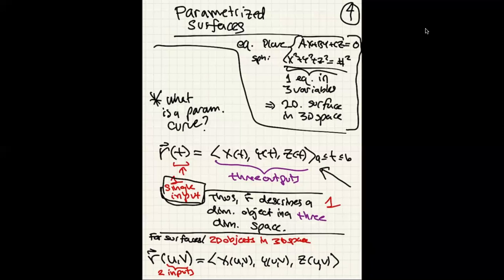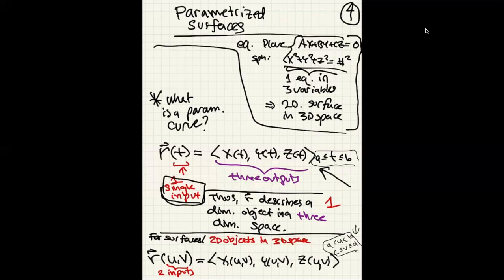Okay, and then often you're going to have your u between some bounds like a and b, and your v might be between c and d. Just like over here you had parameter bounds, down here you have parameter bounds. So I'm going to move to the next page, and the rest of the day is just going to be example after example.